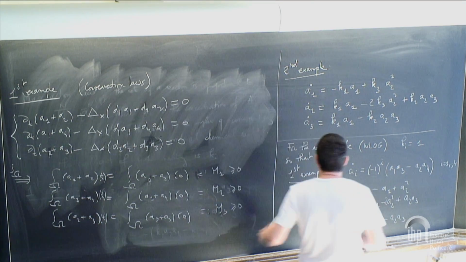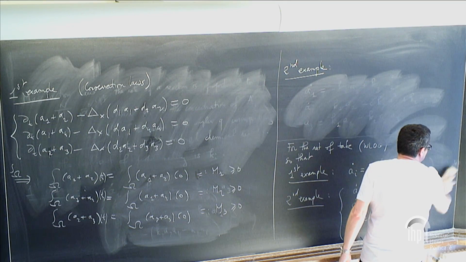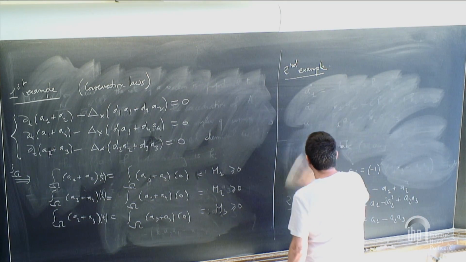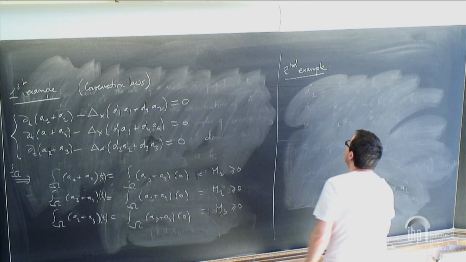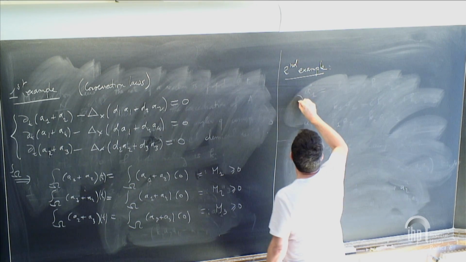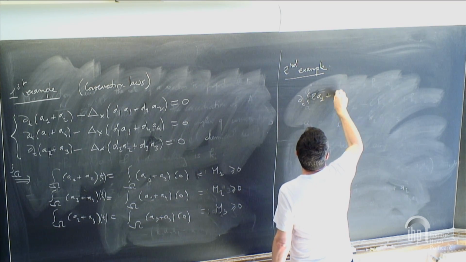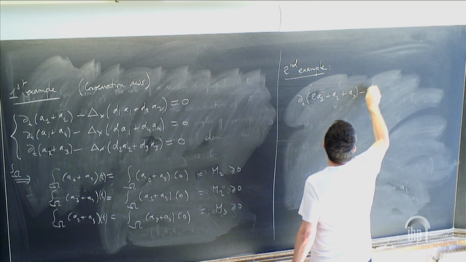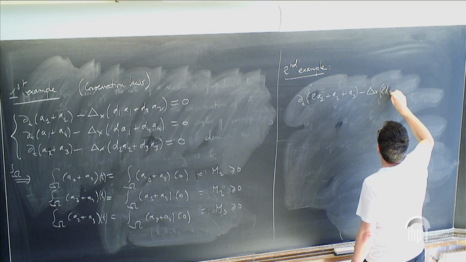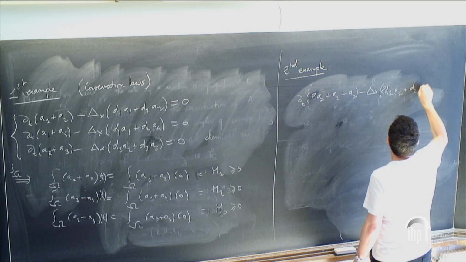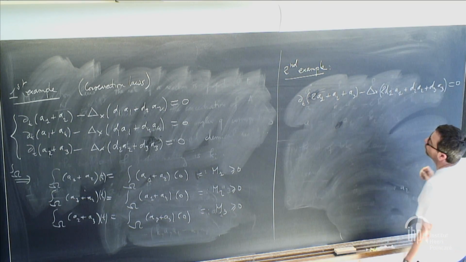And for the second example, you can only use the one conservation law that you have. And so you write it in 2 different ways. First, locally. So you have that this quantity is equal to 0.